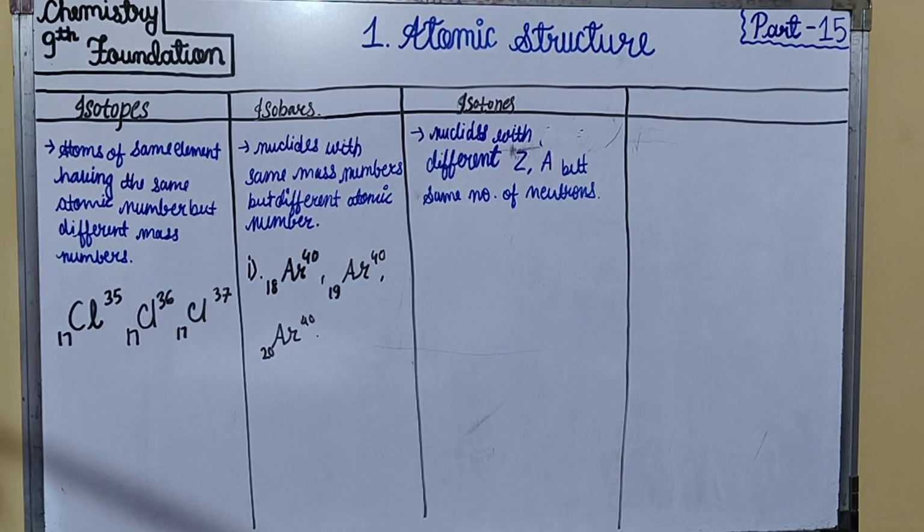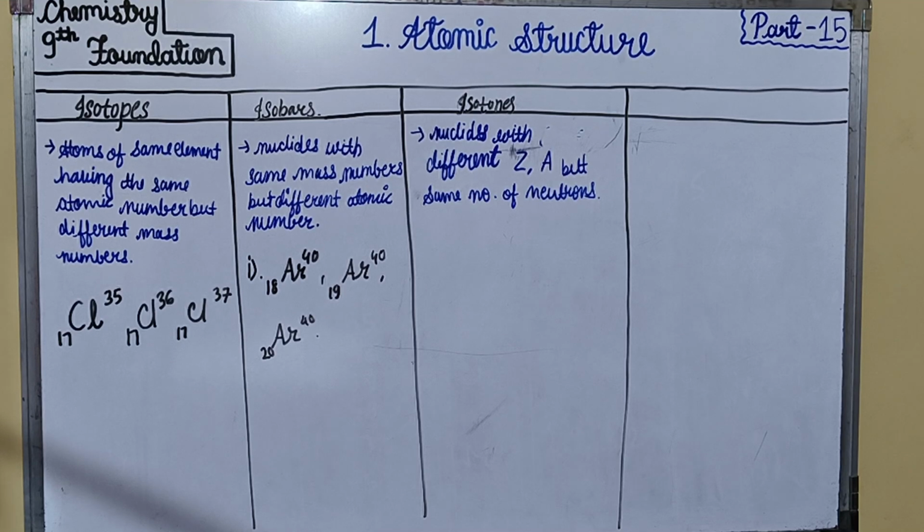Means if any elements are given, their mass numbers would be different and their atomic numbers would also be different, but the number of neutrons in them would be the same.